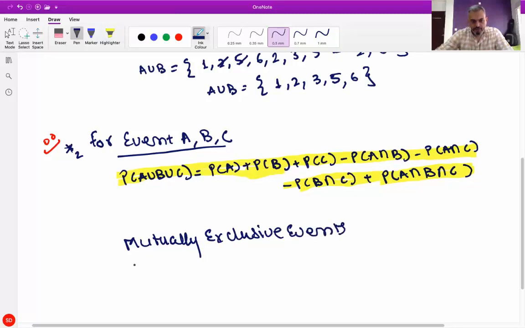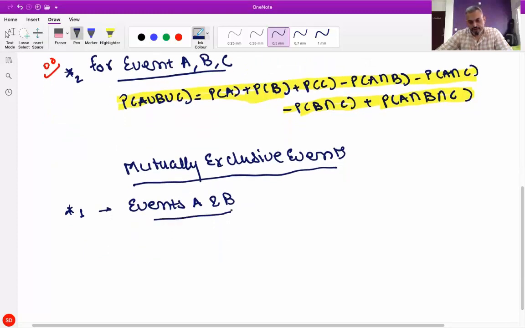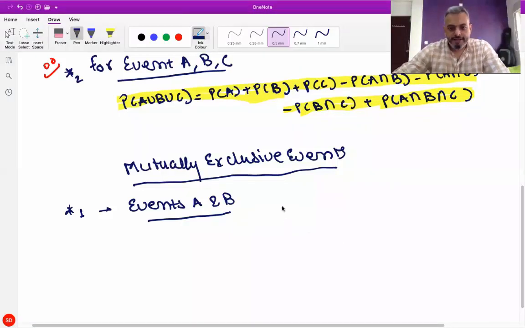Now in case of mutually exclusive events, if there are two events A and B and they are mutually exclusive, meaning both cannot happen together, it means A intersection B is equal to null.